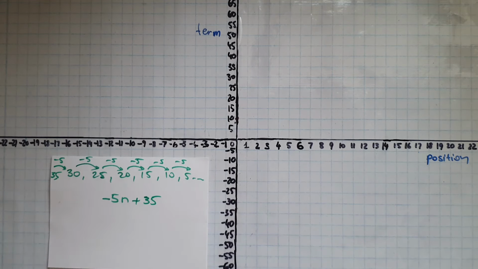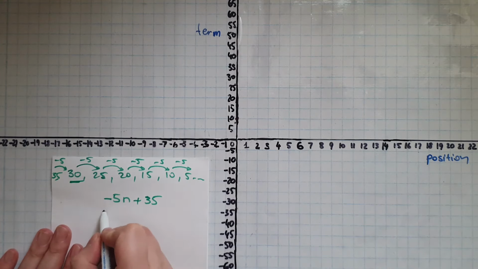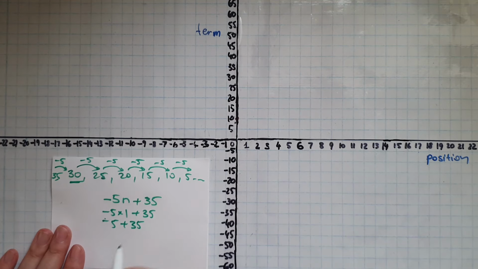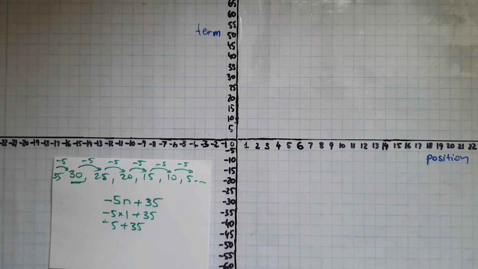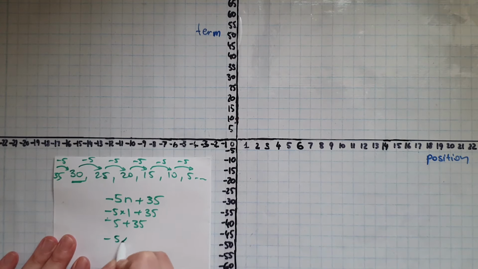So with this one, we can try to see whether we've done it right. This was the first term, so if I go negative 5 times 1, add 35. Negative 5 times 1 is negative 5. Add 35 gives me 30. Let's try if I want to find the 12th term. So I'll go negative 5 times 12, add 35.